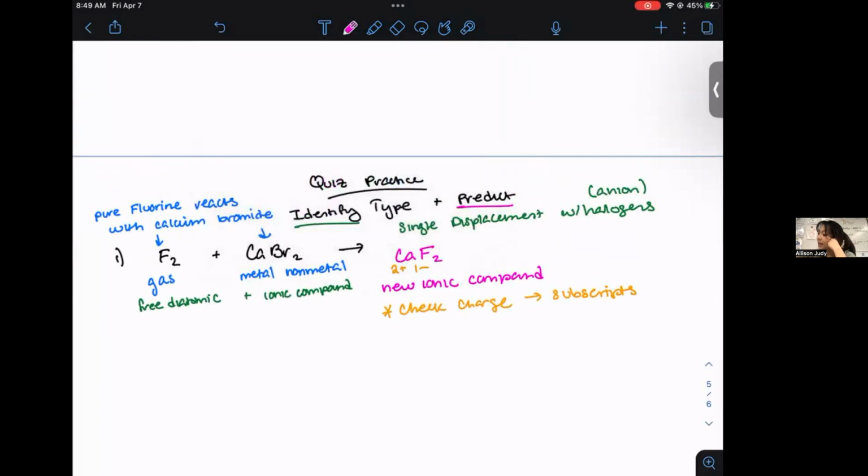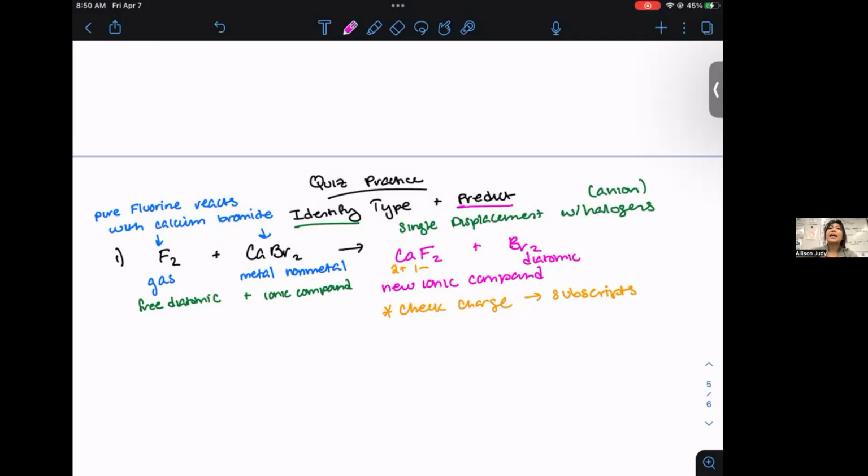2. Okay. And then I have free bromine. Do I just write free bromine? What's bromine? What? Bromine is a diatomic. Excellent. So this is a diatomic, which means that I'm going to need 2 bromines.